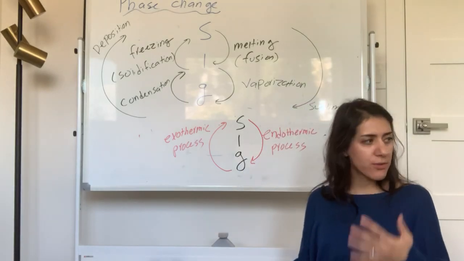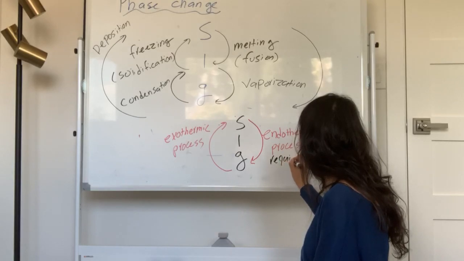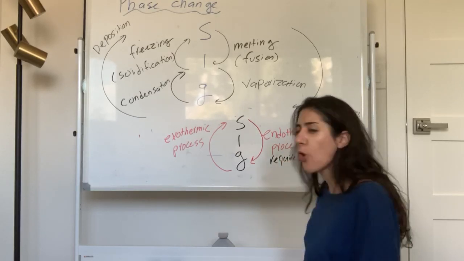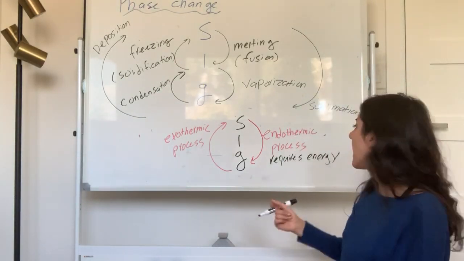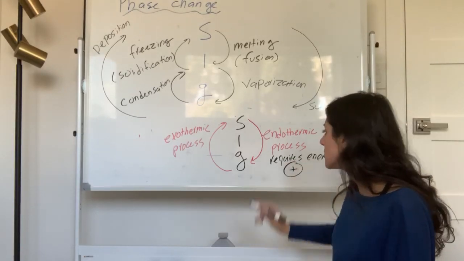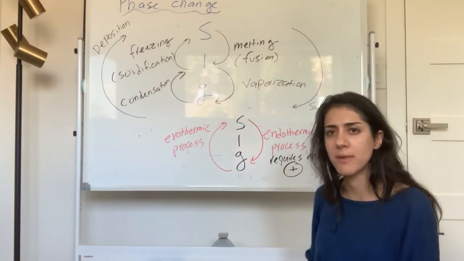So if you have an endothermic reaction, which means it requires energy, your beaker will get cold because you're getting the energy from the surrounding. When you have an endothermic reaction that requires energy, the sign for energy is positive. I need you to remember that. Let's talk about exothermic.